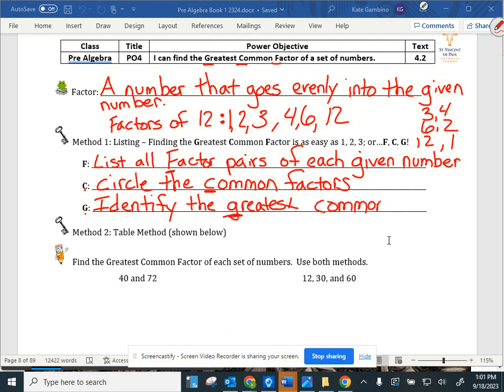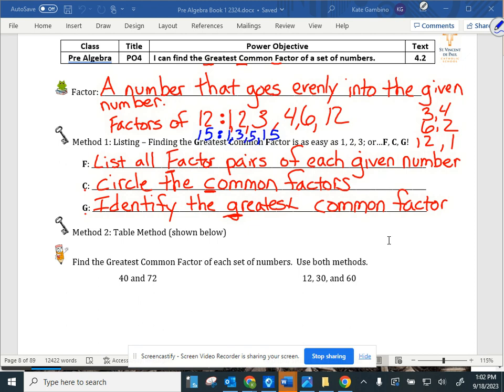So a common factor are the ones that are in both numbers. So if we were to say factors of 12 are 1, 2, 3, 4, 6, and 12, what about factors of 15? What are my factors of 15? Blakely? 1 and 15. What else is a factor of 15? Gabe?